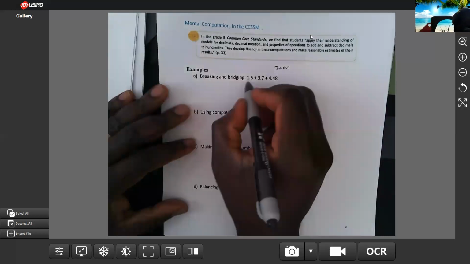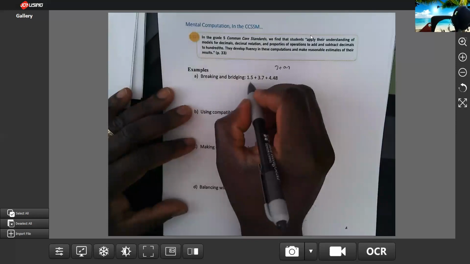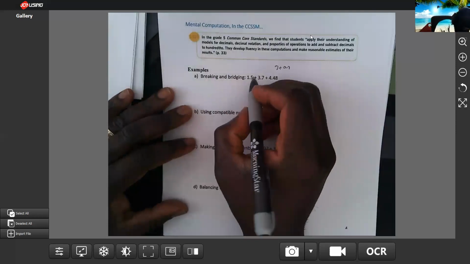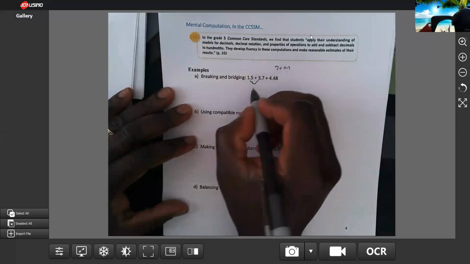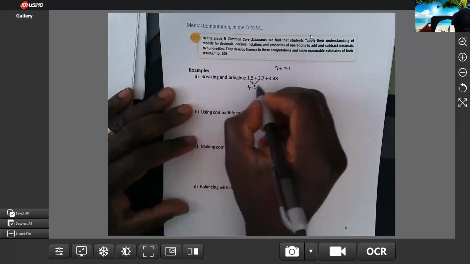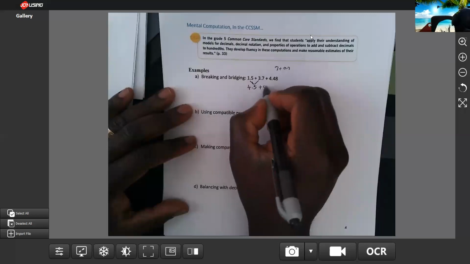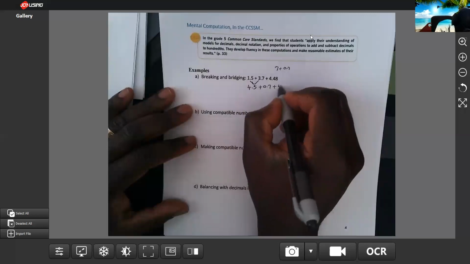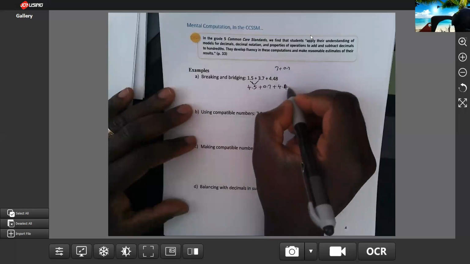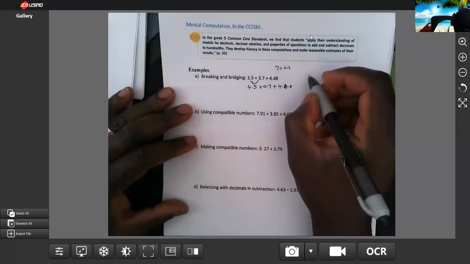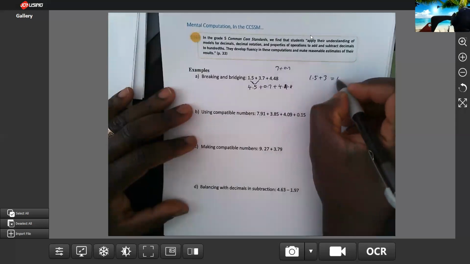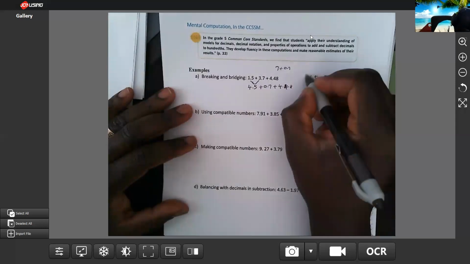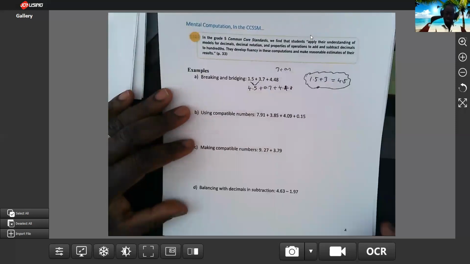So you are breaking this down. You are doing this. This is 4.5, plus 0.7, then plus 4.48. So you are thinking, 1.5 plus 3 is equal to 4.5.